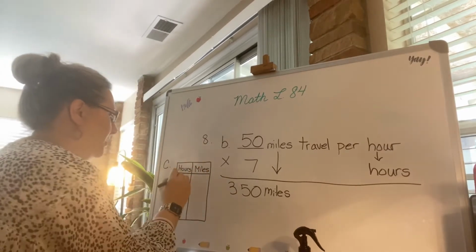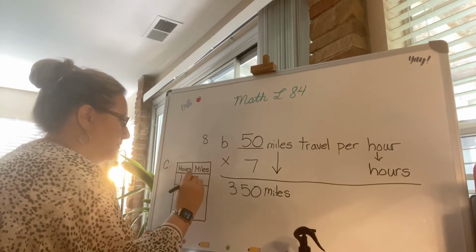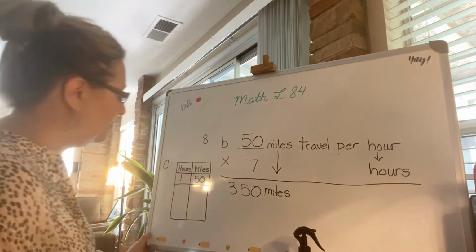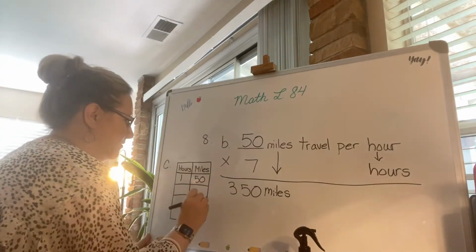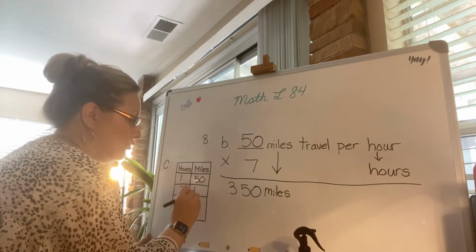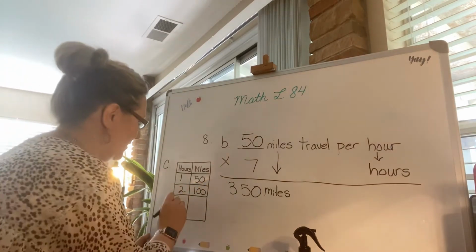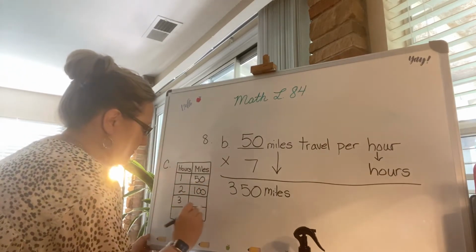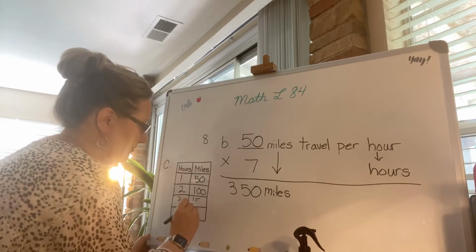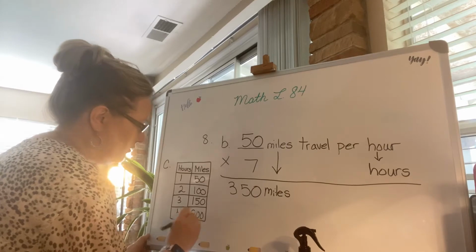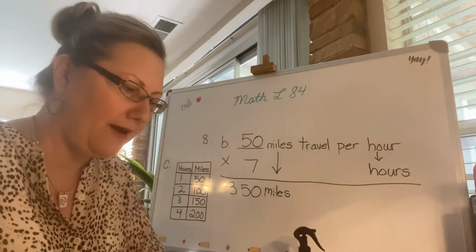Okay, so in 1 hour, we know that Tamara goes 50 miles. We also can then gather in 2 hours, she'll go 100, right? 3 hours, add 50 more, she will go 150. And in 4 hours, she will go 200 miles.